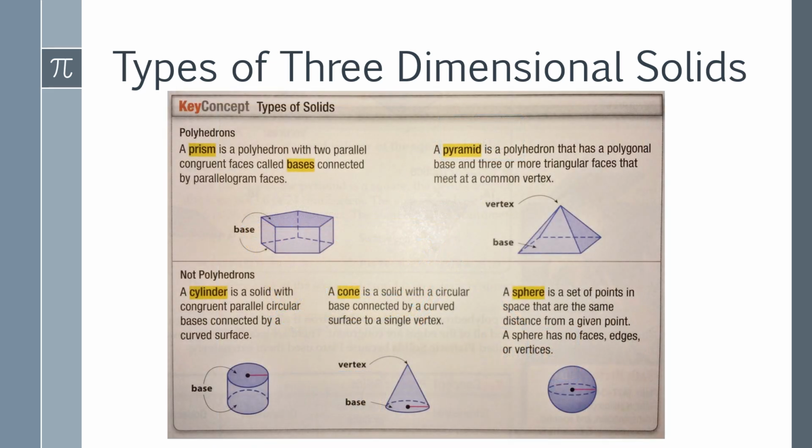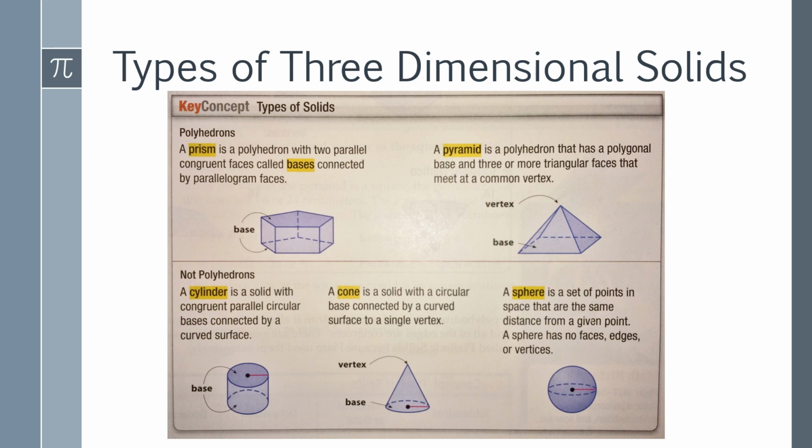Okay. So taking a look at this chart here, we can see a prism is a polyhedron with two parallel congruent faces called bases connected by parallelogram faces.